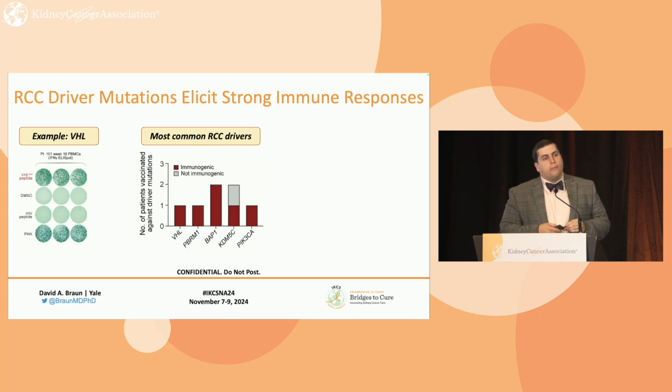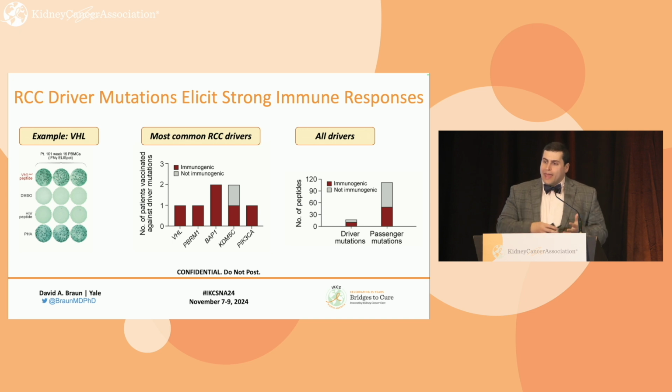If we look at common RCC driver mutations, with one exception, the far majority of them were able to elicit immune responses. And in general, if we look at pan-cancer drivers, the majority of driver mutations were able to elicit immune responses, whereas only a minority of passenger mutations were able to do so.